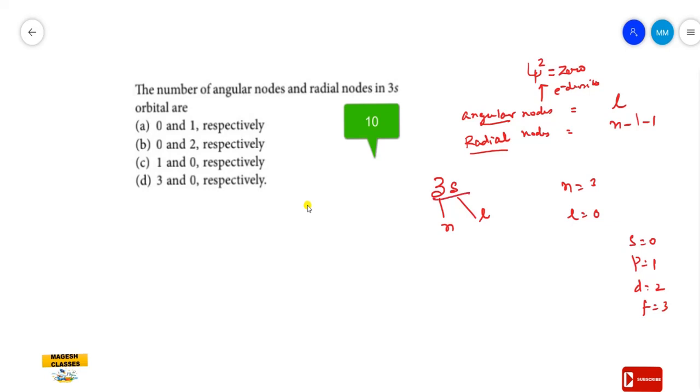For the 3s orbital, n is 3, so the angular nodes, given by l, is 0. The radial nodes are obtained by the formula n minus l minus 1, which is 3 minus 0 minus 1. So it is 2. So radial nodes are 2 and angular nodes are 0. So angular nodes and radial nodes are 0 and 2 respectively. So our answer is B.